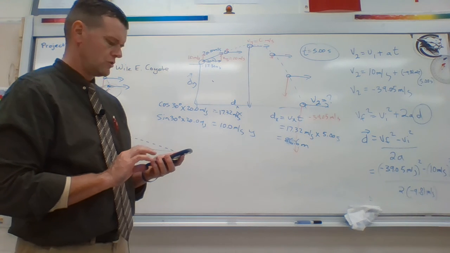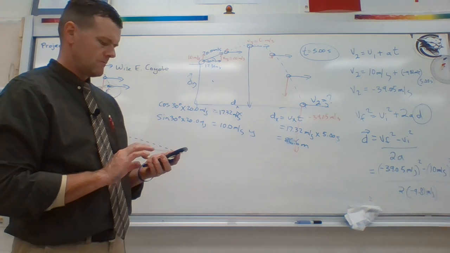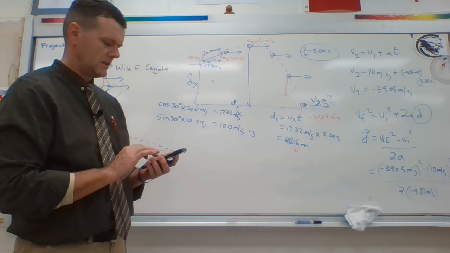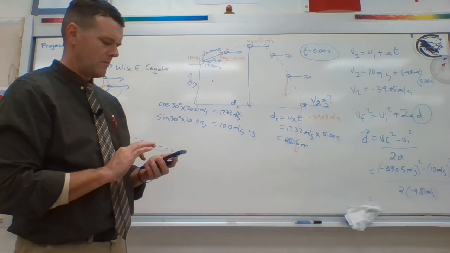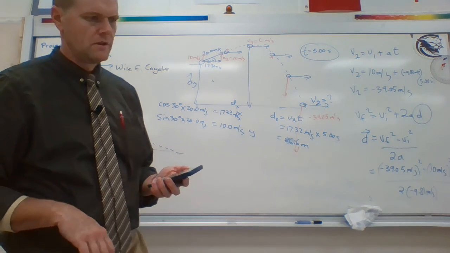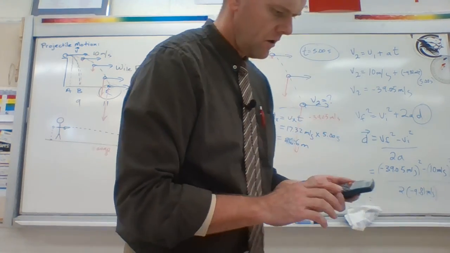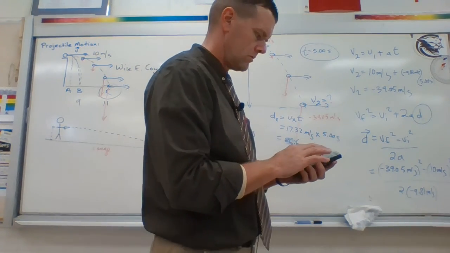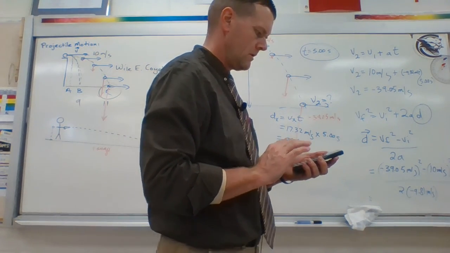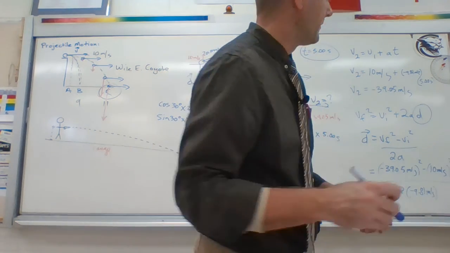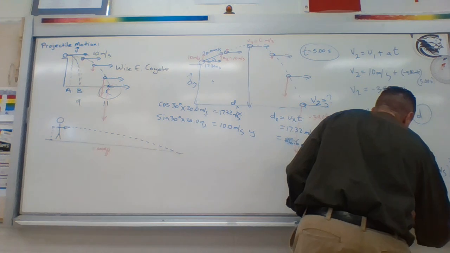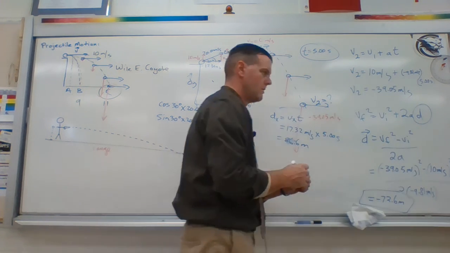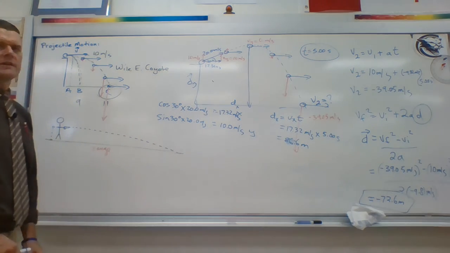Because it should. Oh yeah, subtract 10 squared, which is 100. Then divide that by negative 9.81. Oh, whoops, I forgot to times that by 2. There we go. Yay. So it gave me a negative number.